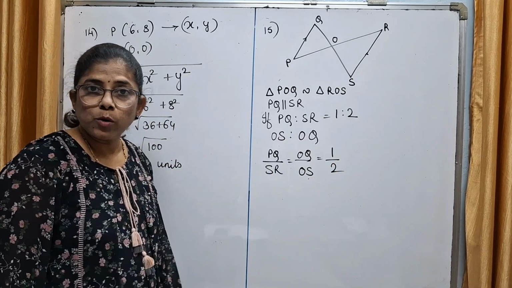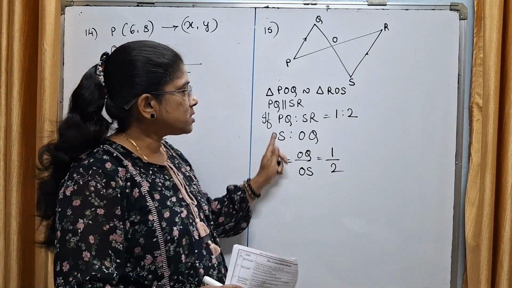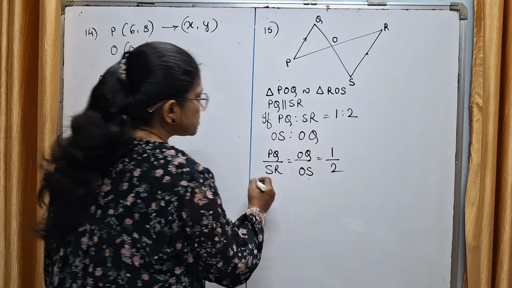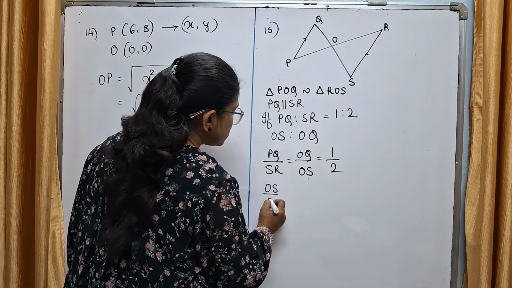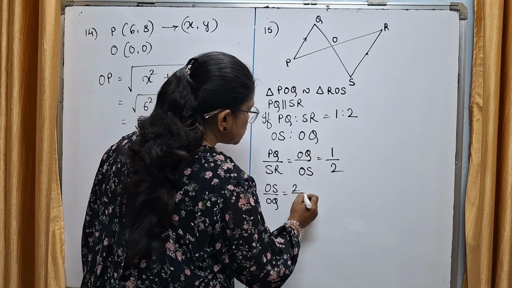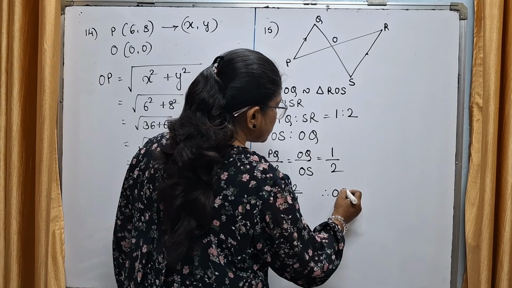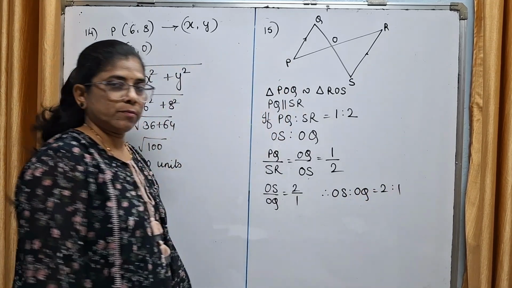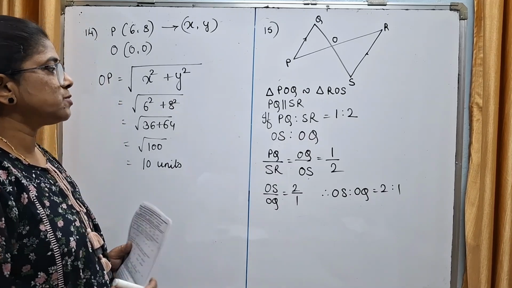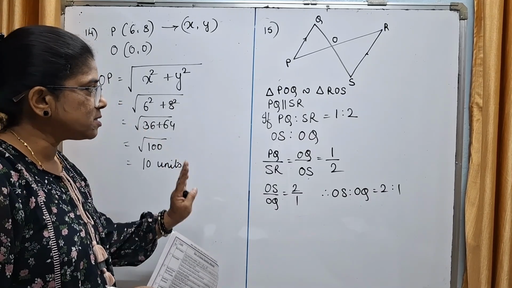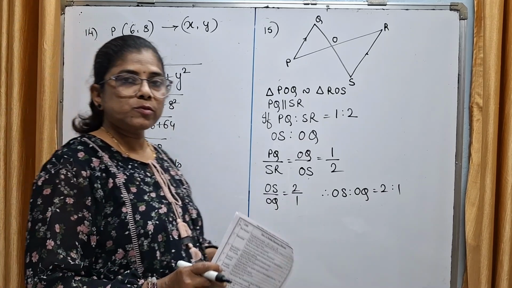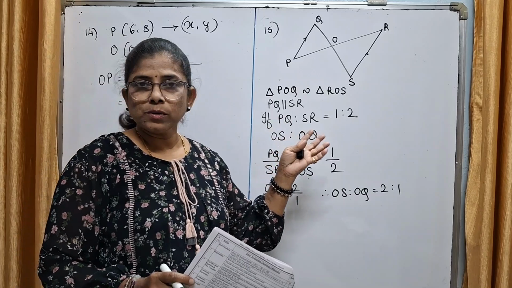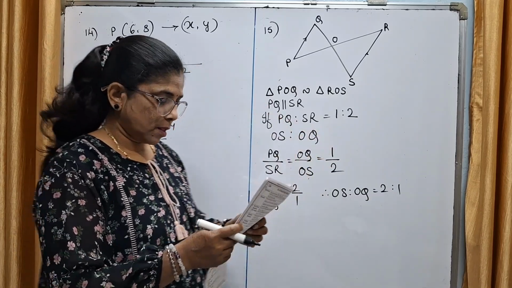So it gives us 1/2. But the question is OS is to OQ. And here we get OQ upon OS. So OS upon OQ is 2/1. And therefore OS is to OQ is 2:1. So like this we have to be careful, check how the sides are given, and accordingly you have to solve. Sometimes in hurry the students straightway write this is equal to 1/2, and so they lose their precious marks.